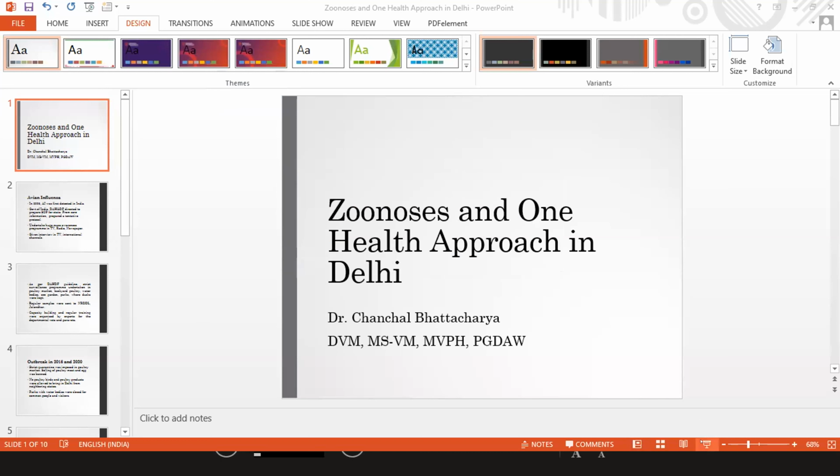In 2006, the first avian influenza outbreak took place in India. After that, the Government of India, Department of Animal Husbandry, Dairying and Fisheries, directed all the state governments to prepare an SOP. It was a real challenge because at that time there was no information about avian influenza in the literature.